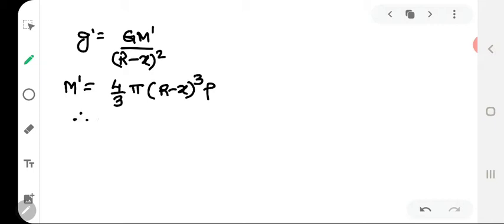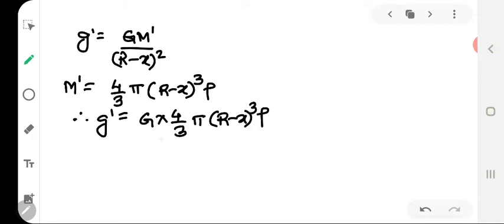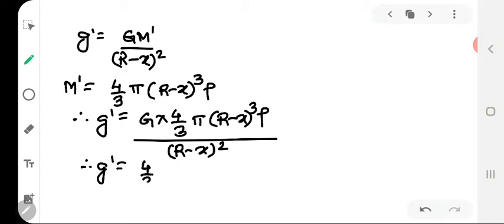So G dash turns out to be G into 4 by 3 pi (r minus x) whole cube rho divided by (r minus x) whole square. Therefore G dash is equal to 4 by 3 pi G into (r minus x) into rho.